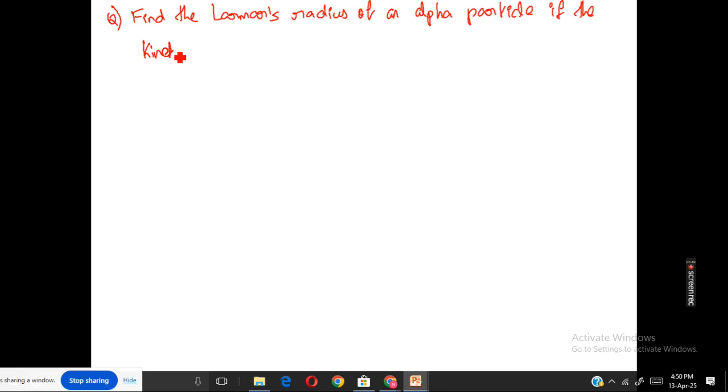Find the Larmor radius, which is the same as the radius of gyration that we learned, of an alpha particle if the kinetic energy is 12 electron volt in a magnetic field of 0.4 Tesla.